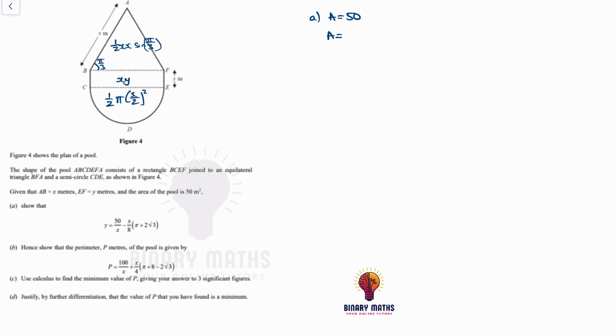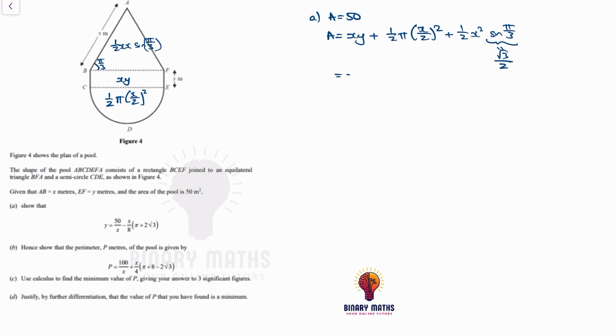So the area of this will be equal to xy plus half pi (x over 2) squared plus half x squared sine pi over 3. Now sine pi over 3, if you put that into your calculator, is equal to root 3 over 2.